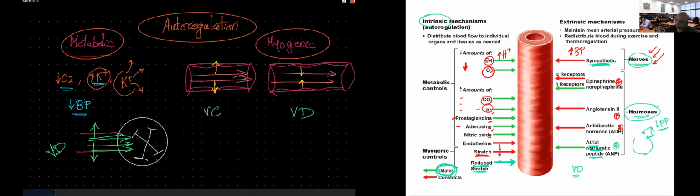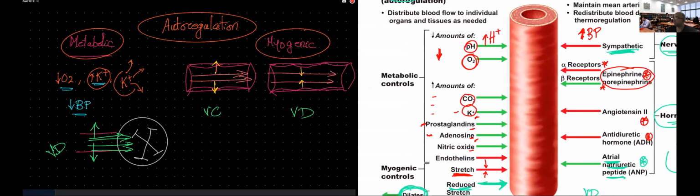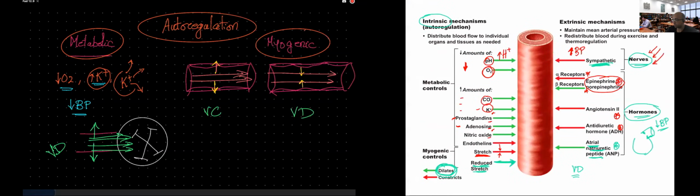If you notice here, epinephrine and norepinephrine are going to be performing both constriction and dilation of the arteries according to the type of receptors they would be affecting. Something that you need to remember is that you don't want to constrict or to dilate all the blood vessels if you are willing to shift the blood flow from one organ to the other.